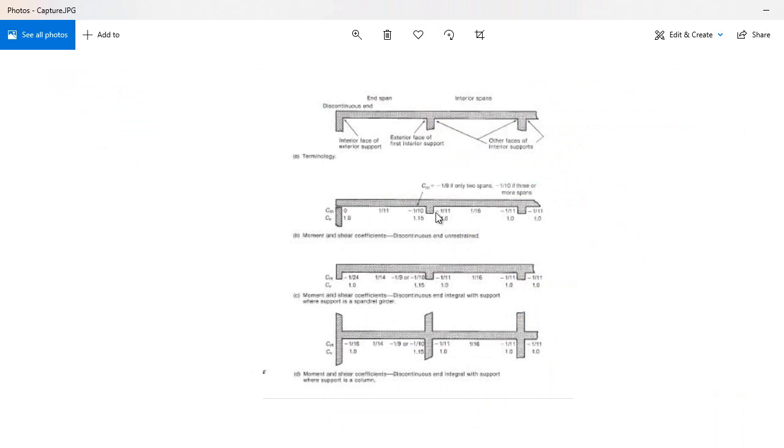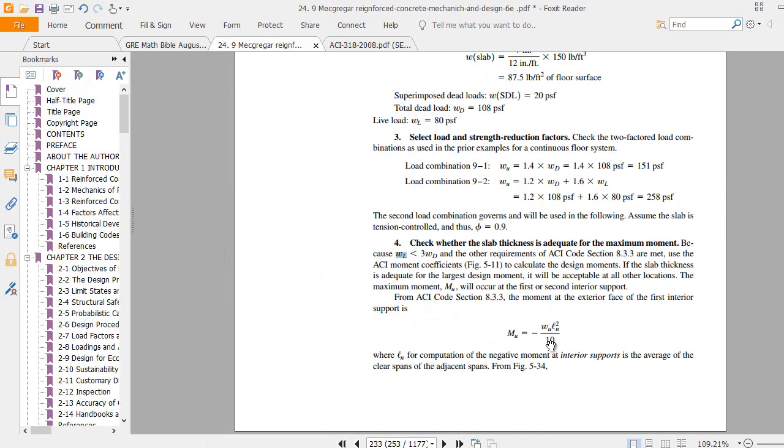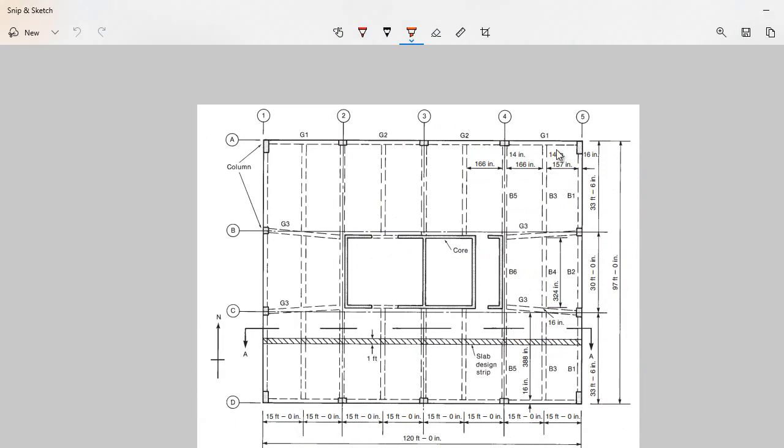This is our first interior support, and at the exterior face of the first interior support you see this coefficient is -1/10. So that's why they select -1/10 times Wu ln squared, where ln for computation of negative moment at the interior support is the average of the clear spans. Remember, this is very important: 157 is the clear span for the first interior panel and 166 inch for the interior.